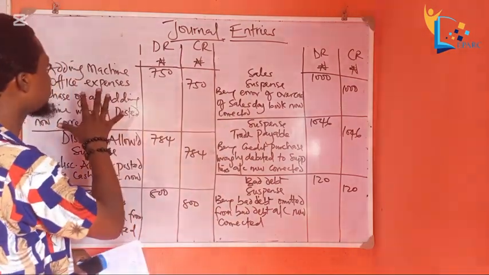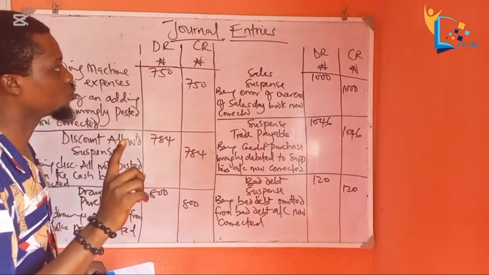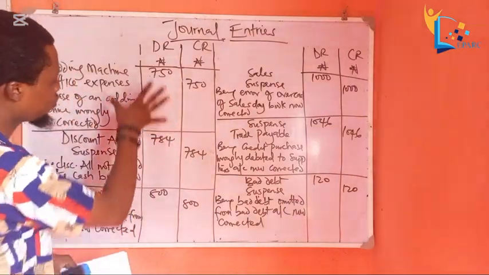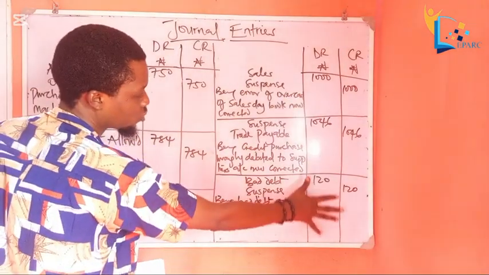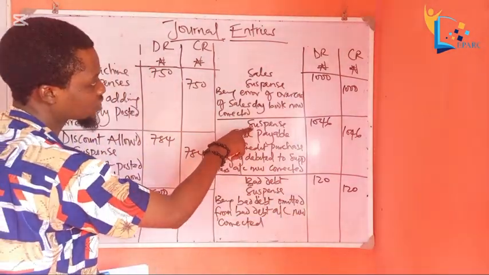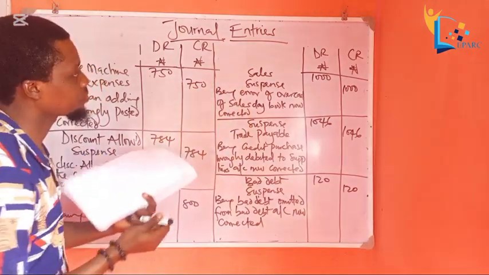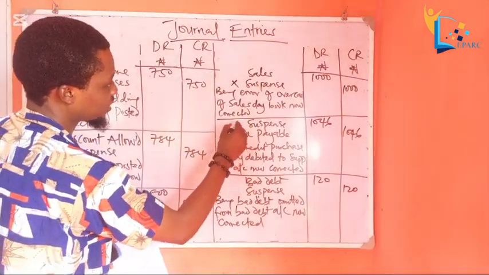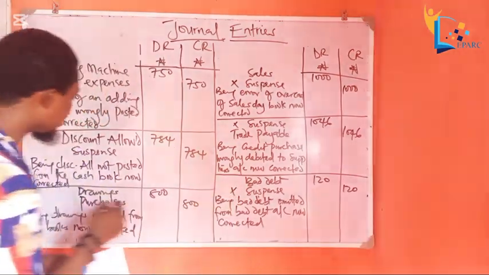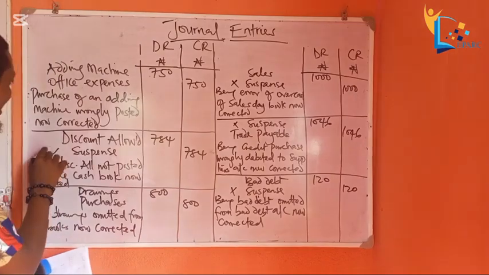Now, there's something I want to point out here. If you check all these journal entries, the ones that have suspense in them are the ones that will be going to the suspense account.